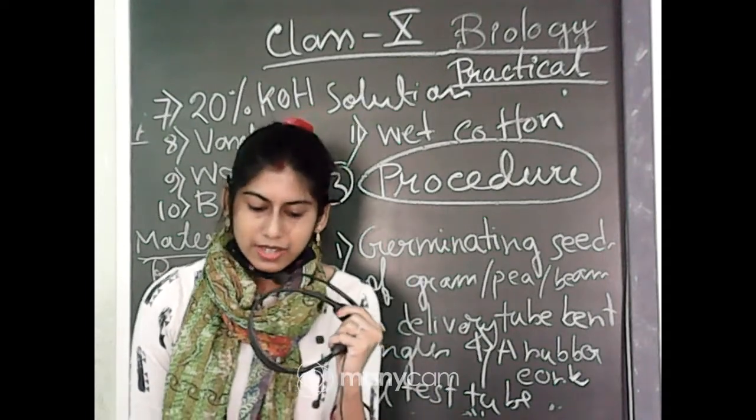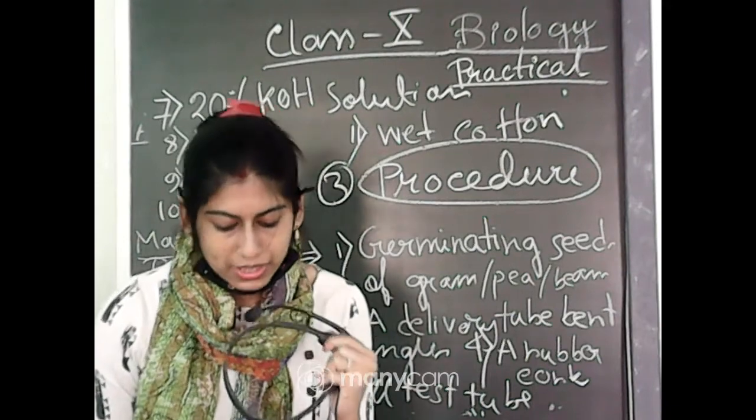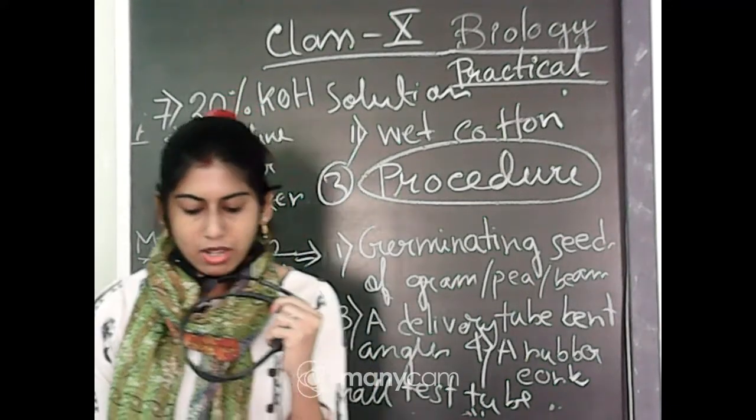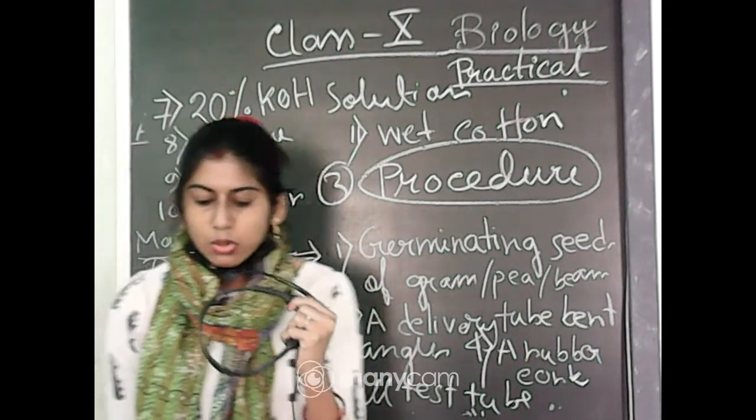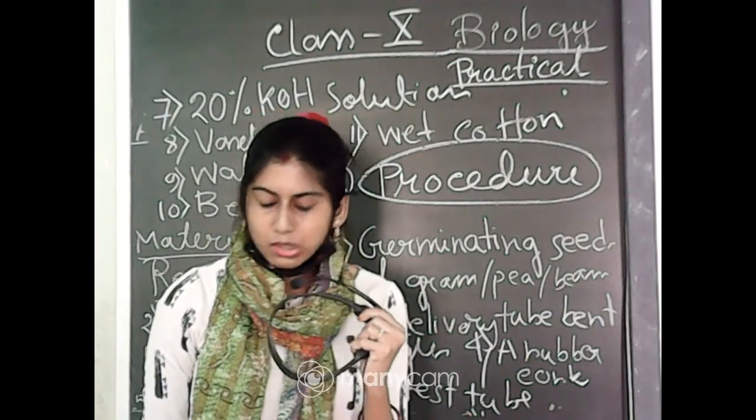Fifth point: close the mouth of the conical flask with a rubber cork in which a twice bent delivery tube is fitted through a hole.